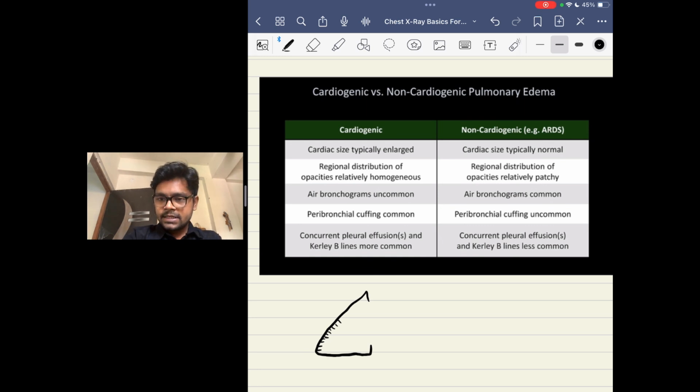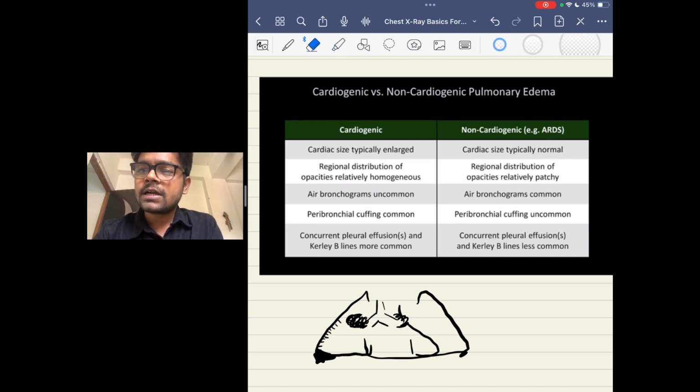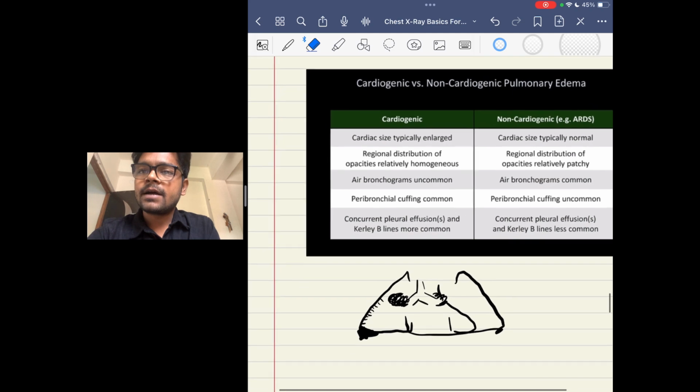The opacities will be predominantly around the hilum. So this is a bat wing opacity. There will be pleural effusion, so note the angle blunting, right? And the heart size will be bigger. That is cardiomegaly. These are the features of your cardiogenic pulmonary edema, right?